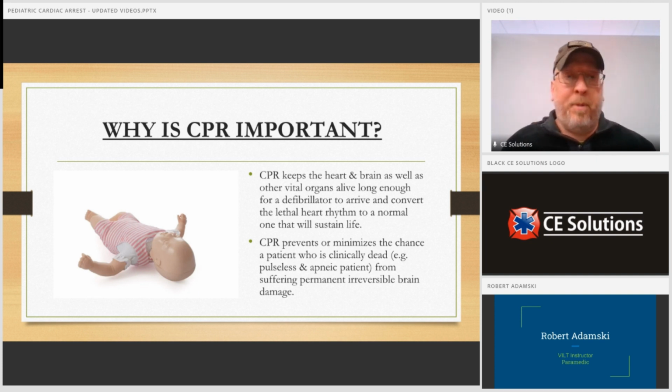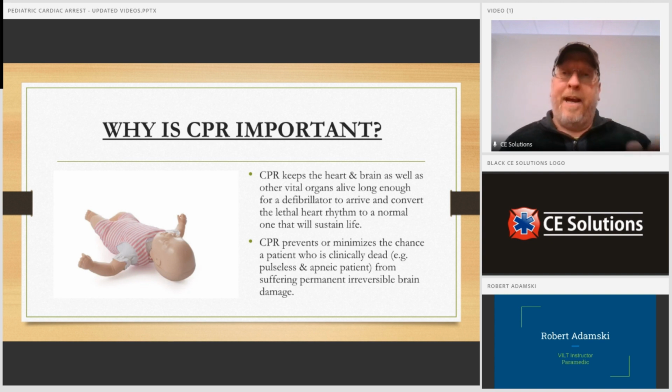If you look at those two bullet points on this slide, CPR by itself, with a few exceptions, generally won't restart the heart. But what it does do is keep the heart and the brain and other vital organs alive long enough for advanced resuscitative measures, like pediatric advanced life support in our case, like paramedics, like a defibrillator, to arrive.